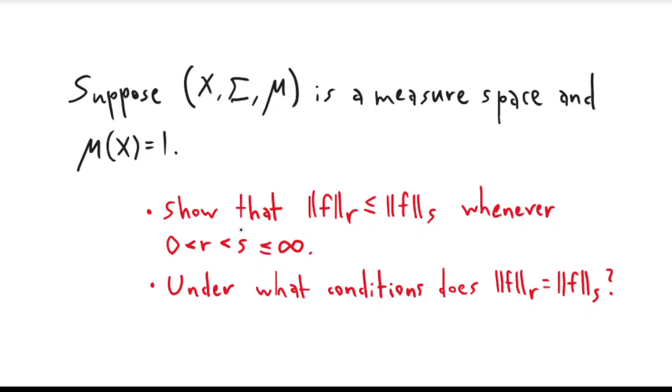First, show that if r and s are positive extended real numbers, whenever r is less than s, this inequality holds. Then we want to figure out under what conditions this inequality becomes an equality for a function f.